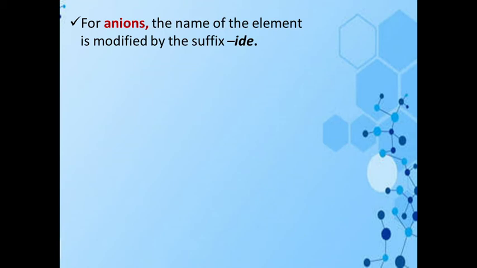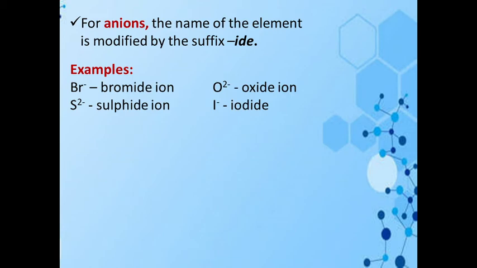Anions are usually nonmetals, or negative ions. They are always the second part of the compound, and their name changes depending on the suffix used. Here we use the suffix IDE. For example, bromide, sulfide ion, oxide ion, and iodide. They are all nonmetals.